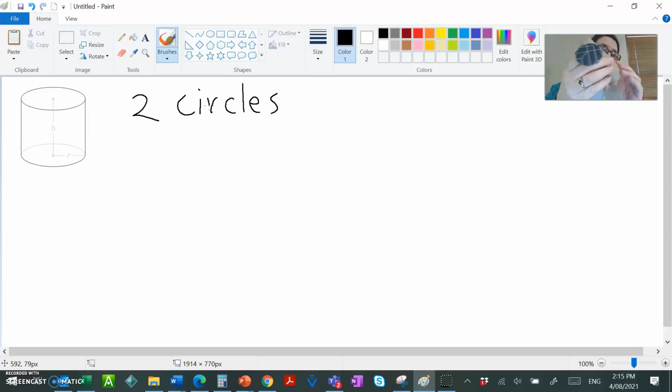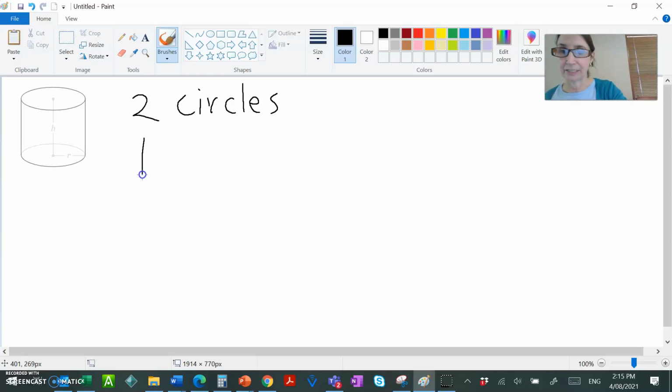The other shape, this shape in the middle, we need to cut it open. Maybe you can tell already what shape it's going to be when we cut it open and lay it flat. Okay. So cut it open, lay it out flat, and you can see that this shape is a rectangle.